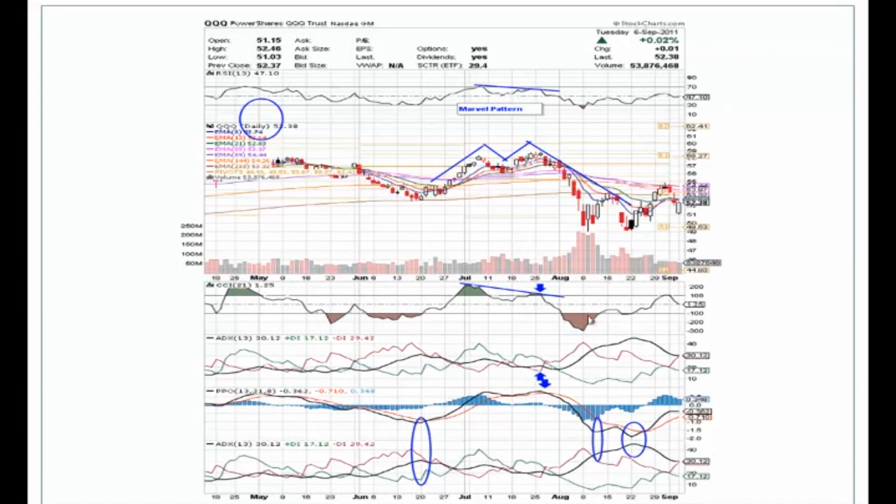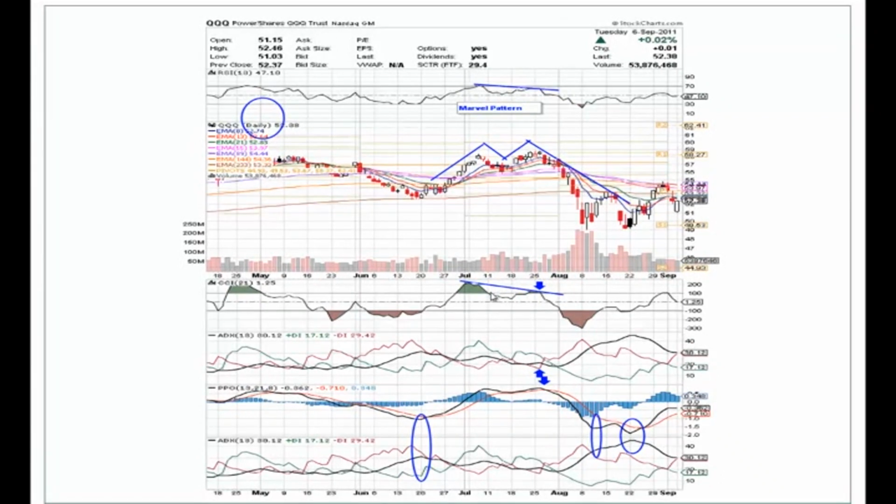Here's a daily chart, and I'm doing this in various time frames so that you can see that the patterns are the same, that they happen over different periods of time based on the time frame that's being used.